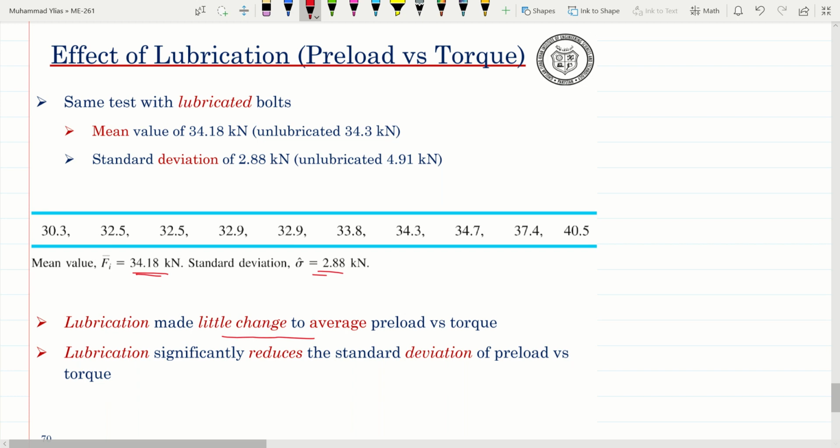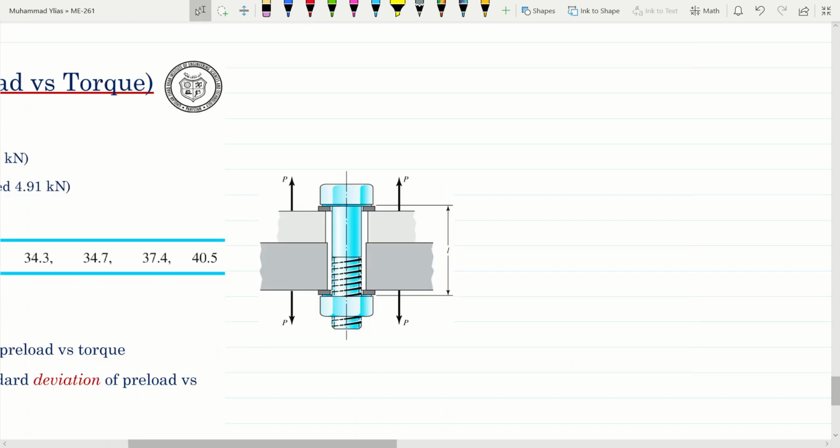Another benefit for application of the lubricant is, so far we have considered that when we twist the nut, the effect of friction is insignificant. So if we do not apply the lubrication and twist the nut, there is a possibility that this bolt might get broken due to excessive shear being generated as a result of the frictional force.